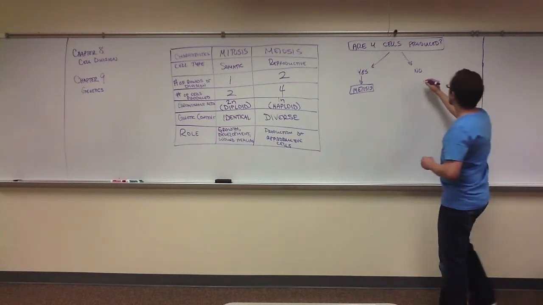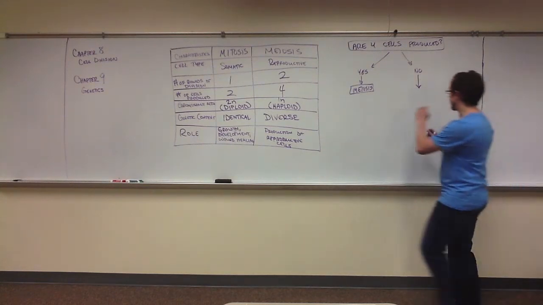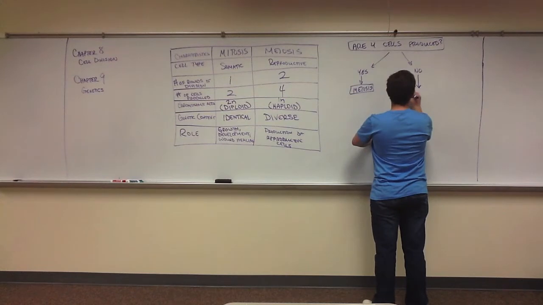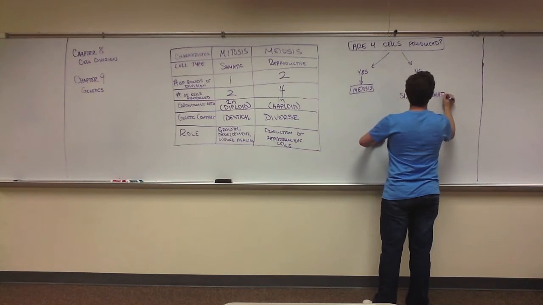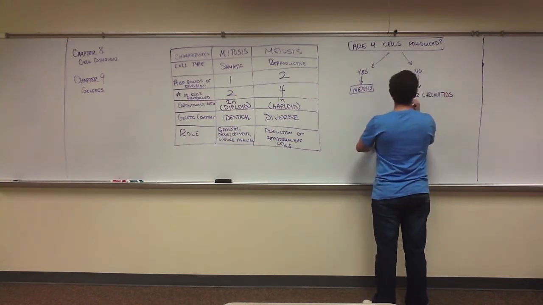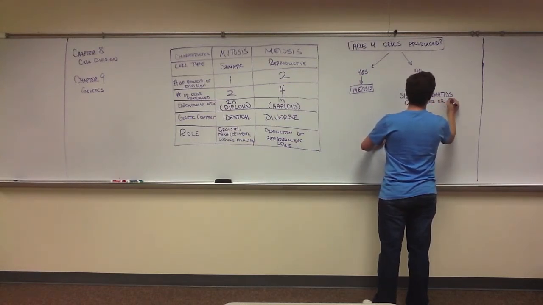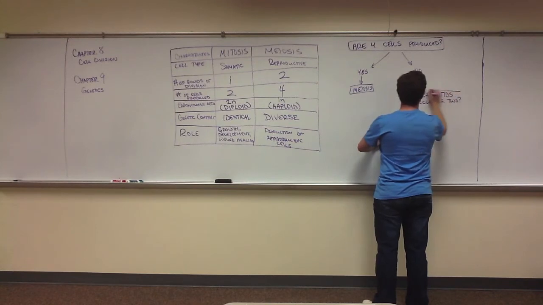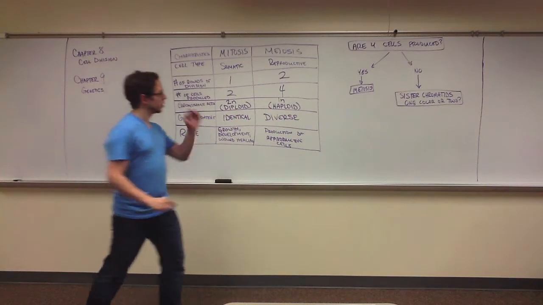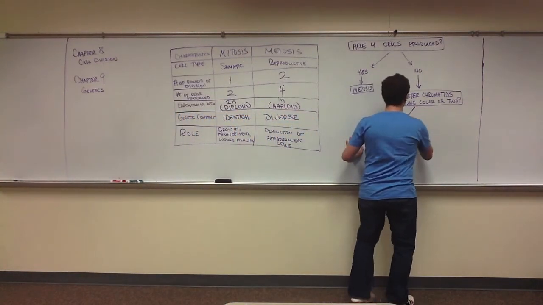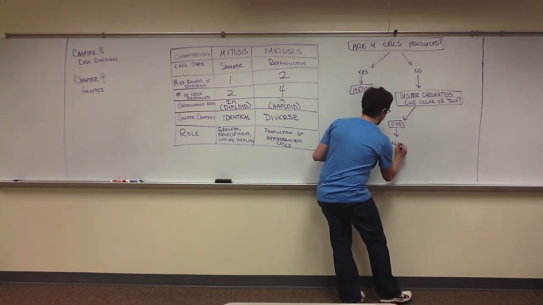If the answer is no, there's another question you have to ask: are the sister chromatids one color or 2? If all of the sister chromatids are 1 color, then you're dealing with mitosis.